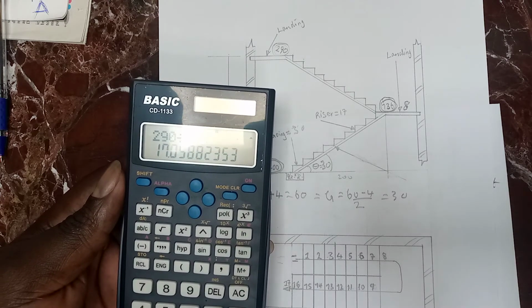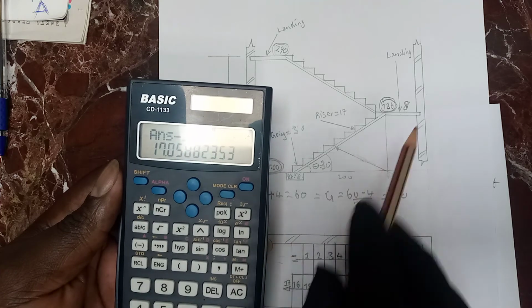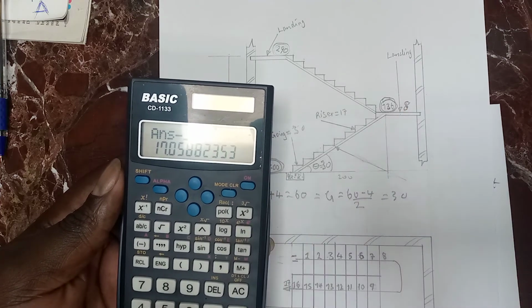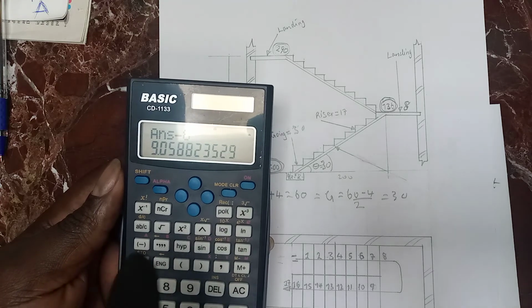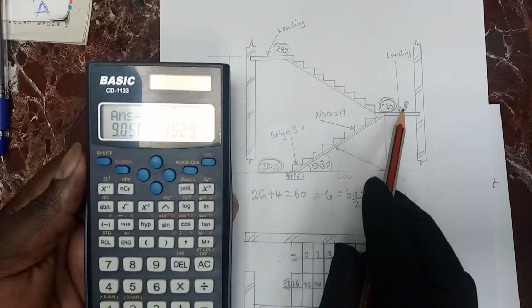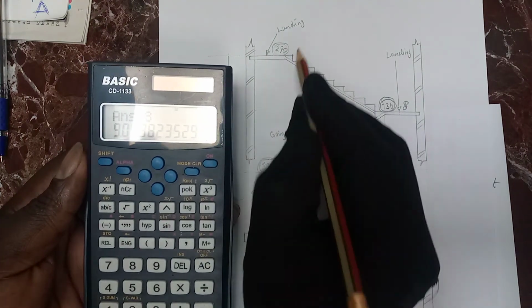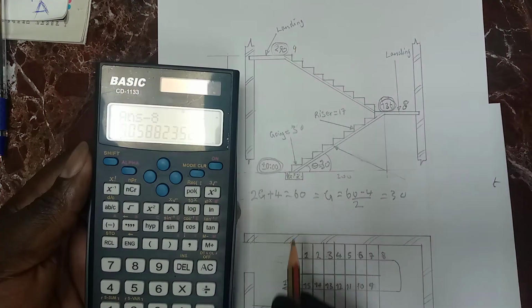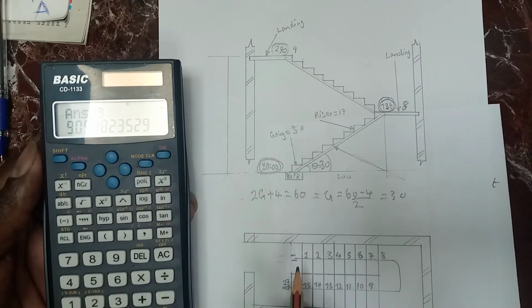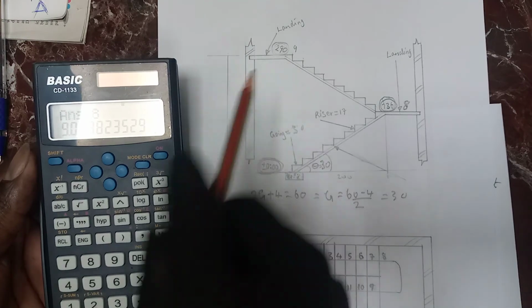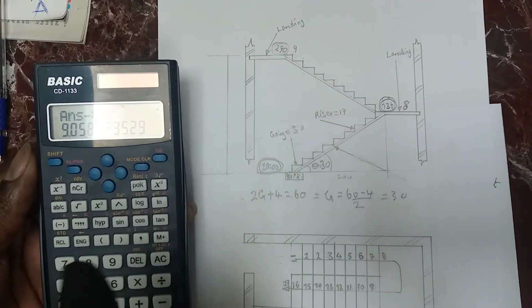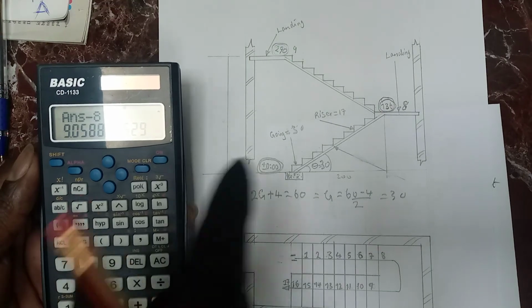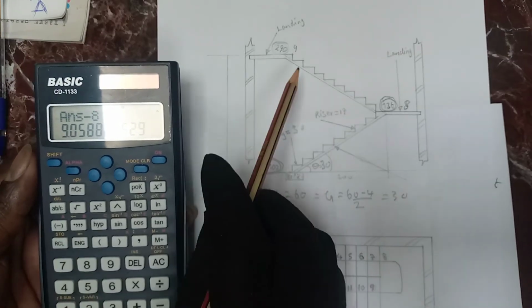You subtract 8 steps, which is equal to 9.0. It shows that the first flight is 8 and the second flight is 9 steps. As this second flight is 9 steps, you want to know the number of goings: 9 minus 1 is equal to 8 goings.